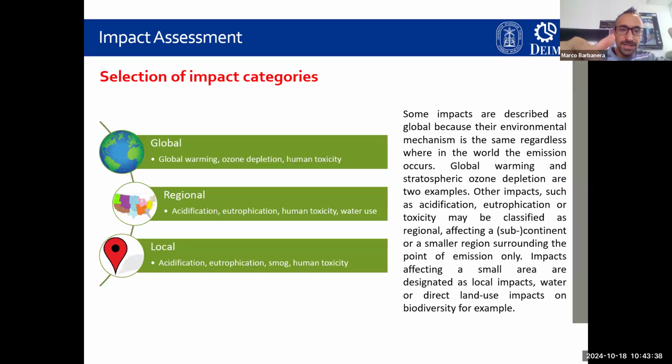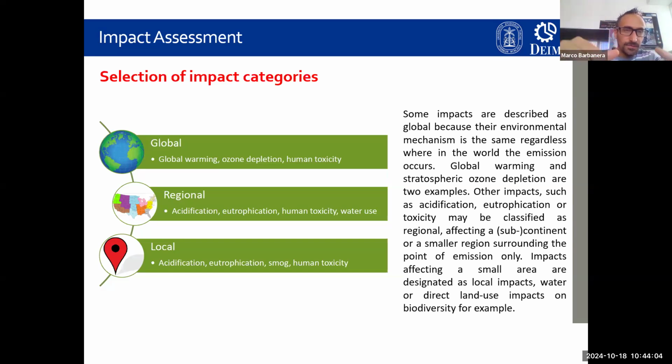In this slide, these examples of impact categories are all examples of midpoint impact categories. For example, global warming, ozone depletion, acidification, eutrophication, water use, and so on.